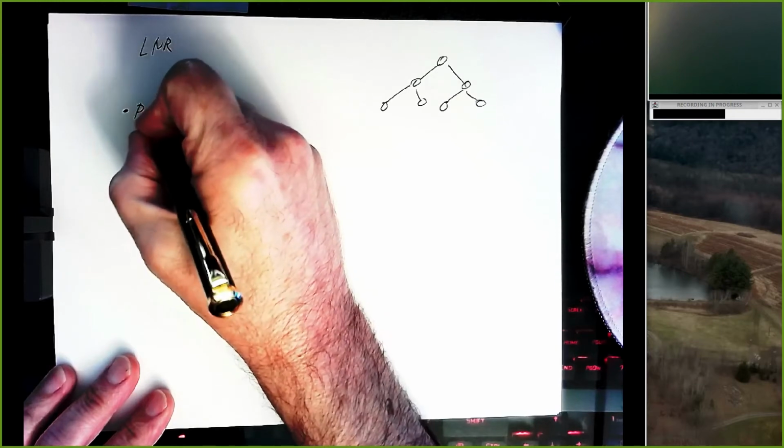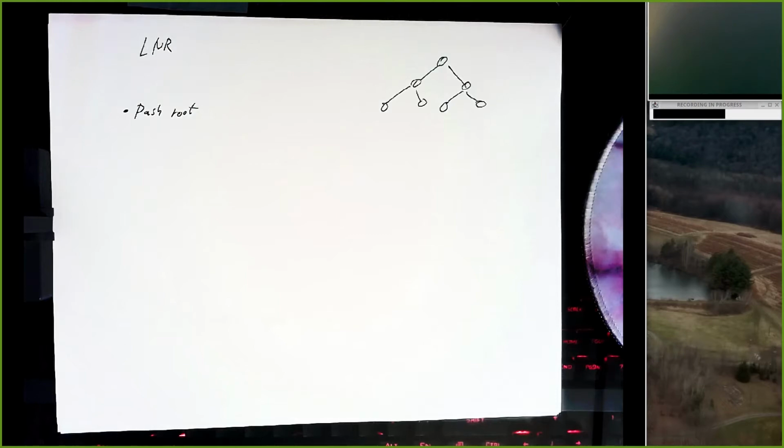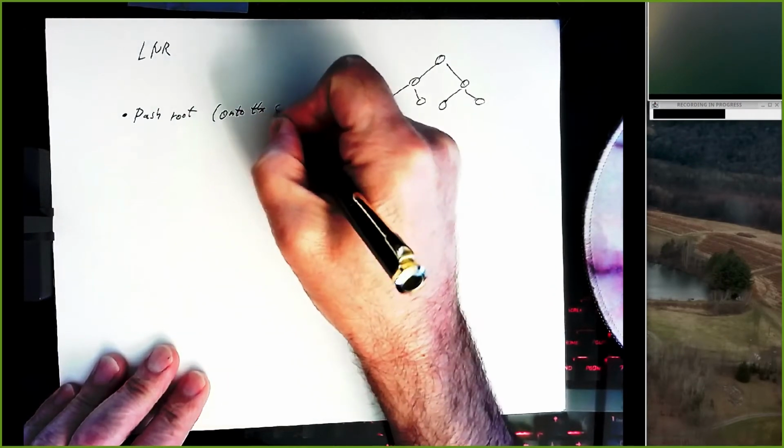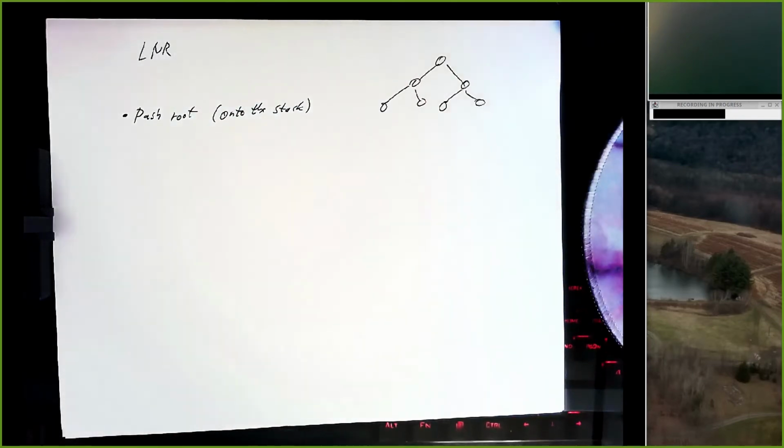First step, push the root. We're always going to push onto the stack, so push the root onto the stack. But I won't keep saying onto the stack. So we seed the whole algorithm. We initialize it by pushing the root of the original tree onto the stack.